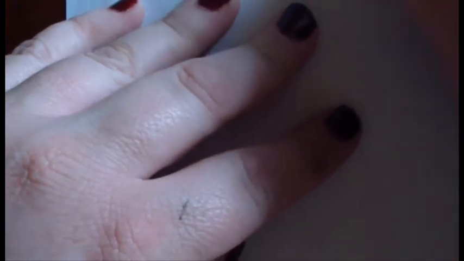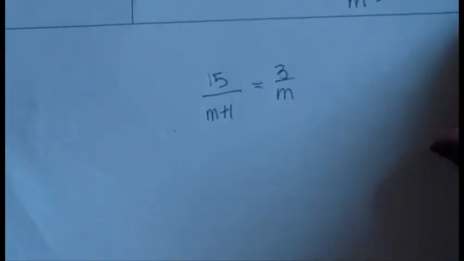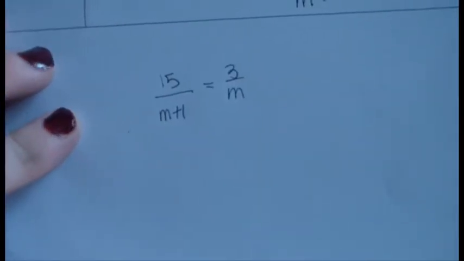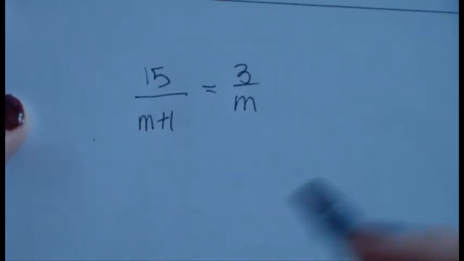All right, our last example, we've got solve the proportion for the variable: 15 over m plus 1 equals 3 over m. So again, we're just going to cross multiply. Let me zoom in a little bit. Still working out the kinks on this.